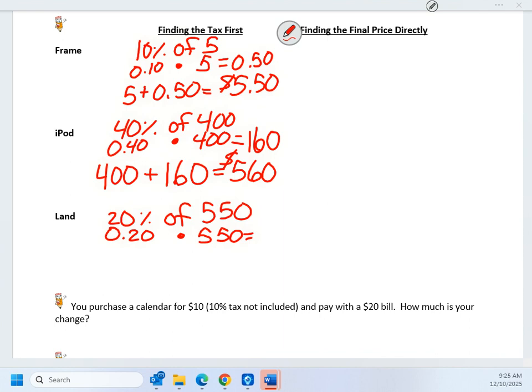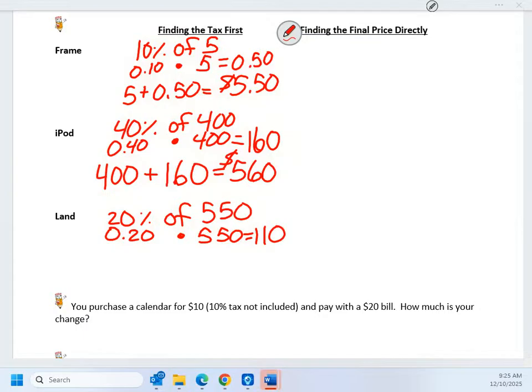So what is 20% of 550? 110. So this is one of these math objectives. We are not doing mental math. Use your calculator. Even if you think you know what it is, use the calculator to make sure you're doing that math correctly.